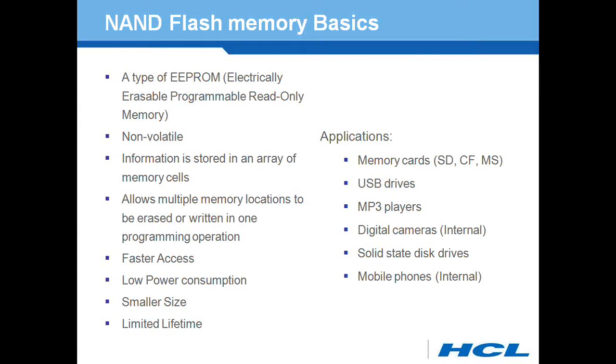Each memory cell can store 1-bit information. The flash memory stores the data in the form of charge in the floating gate transistors. Nowadays you might have heard about the multi-level cell, which is MLC flash, which can store more than 1-bit information.